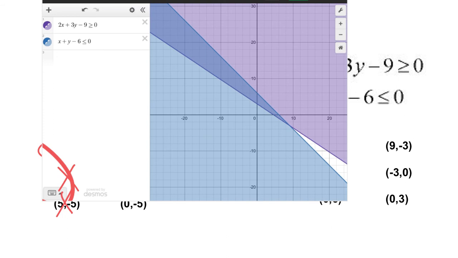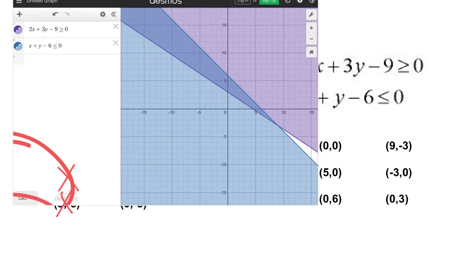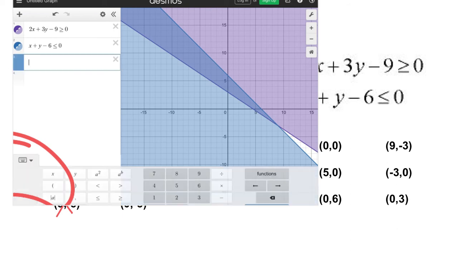So let's test our points and see what we end up with. Let me see if I can move this where we want it. Maybe not. I can't get that to go away, but it doesn't really matter. I think we can function around it anyway.